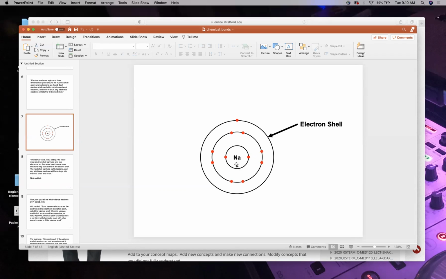The positively charged particle is in the middle, and these shells represent energy levels, right? The lowest energy level is this first ring, and then it gets a little higher, and the last energy level is called your valence.